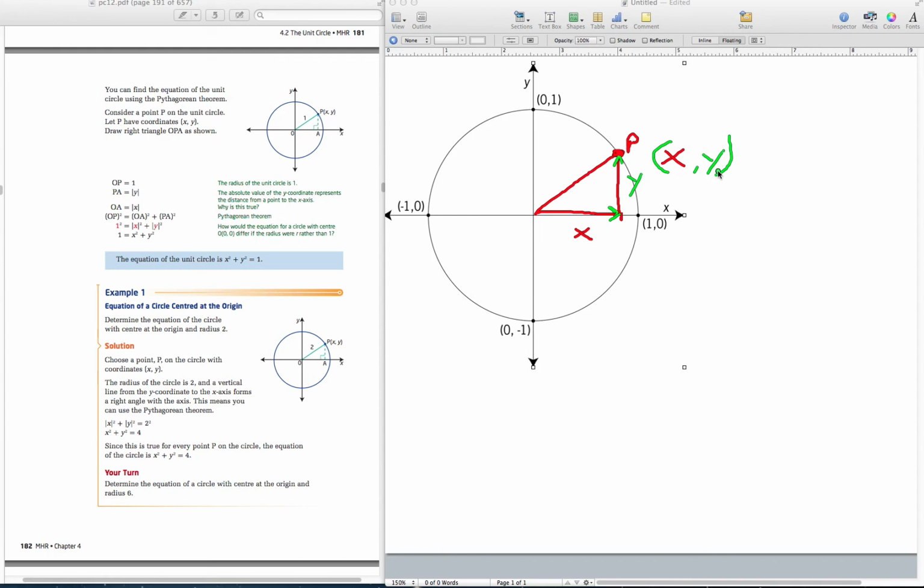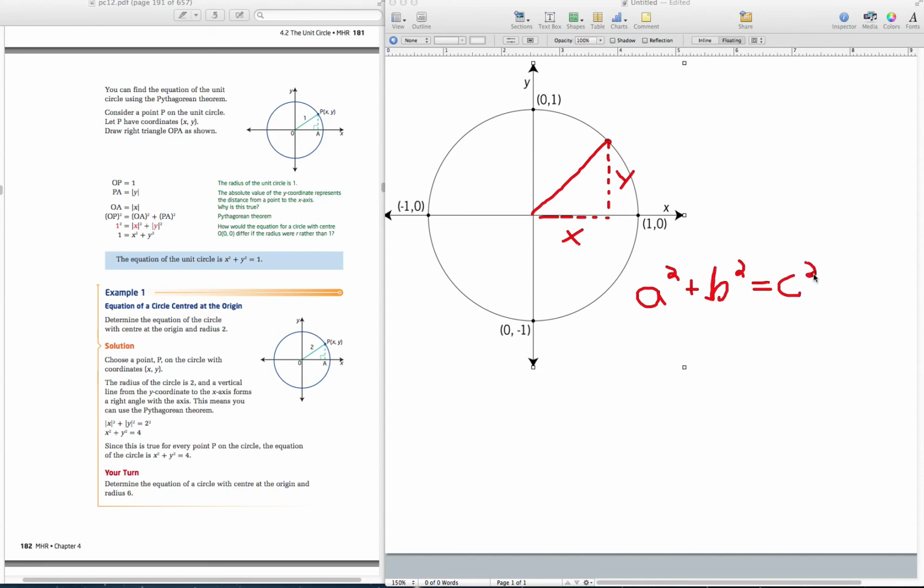So how do we figure this out? Well, that's where our nice old friend Pythagoras comes back in again. So to figure out via Pythagoras what it would be, let's clear this. Here's my point that I still need, and this time I'll do a dotted line so we kind of know what's going on. That's y, that's x. And we know from Pythagoras it's a squared plus b squared equals c squared.